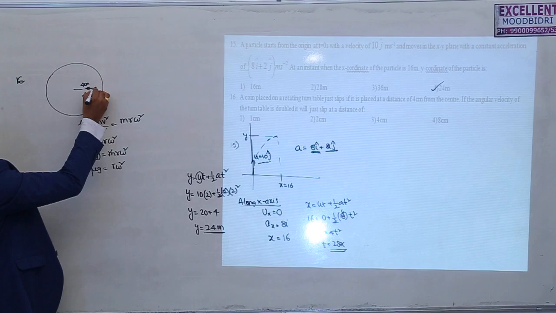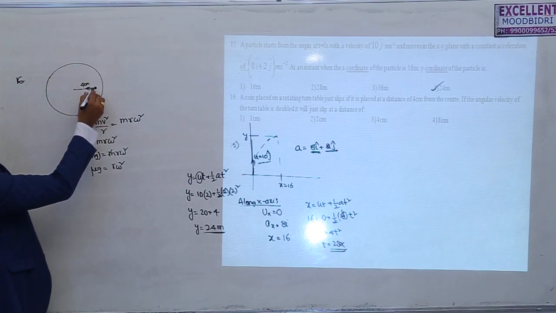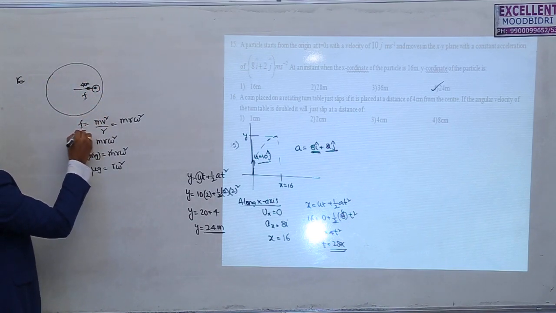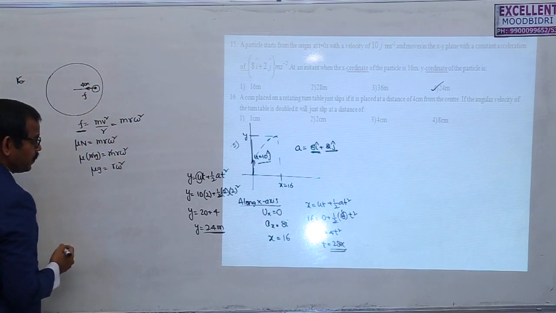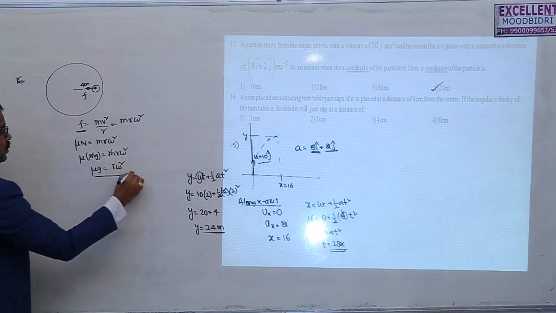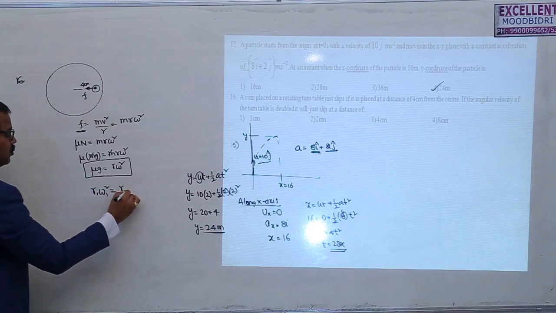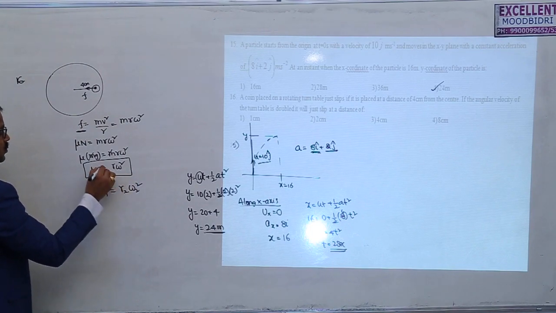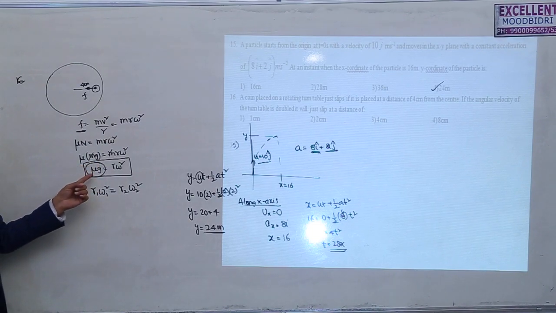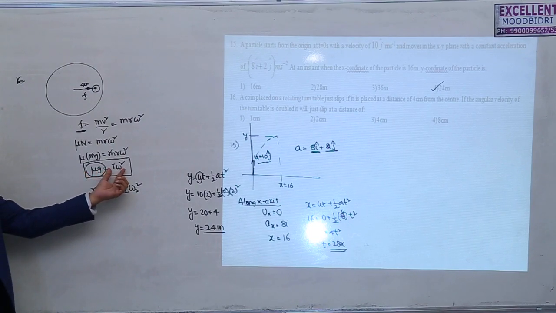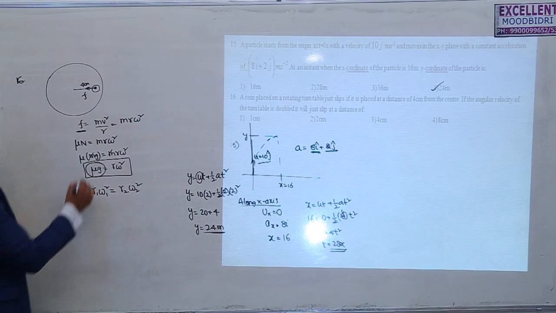So this is the force that is acting inwards, which is equal to the centripetal force. Now, for this coin to stay there, the frictional force must be equal to the outward force or centripetal force. As this condition will not change, r1 omega 1 square is equal to r2 omega 2 square, as this value is constant. Coefficient of friction between the coin and table and small g remain constant.